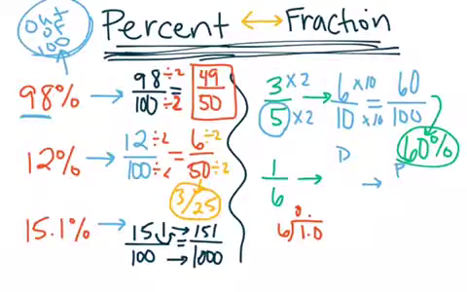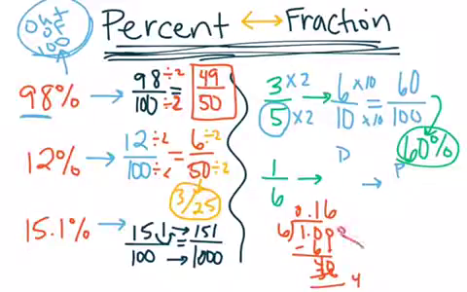6 goes into 10 one time, we get 6. Subtract, that gives us a 4. We add a 0, bring it down, we get 40. And 6 goes into 40 6 times. 6 times 6 is 36. We subtract. We get a 4. Add another 0.